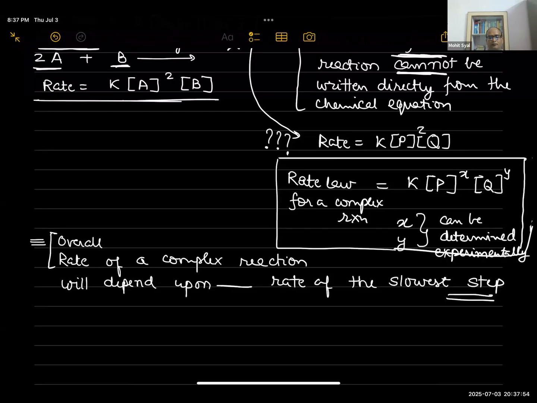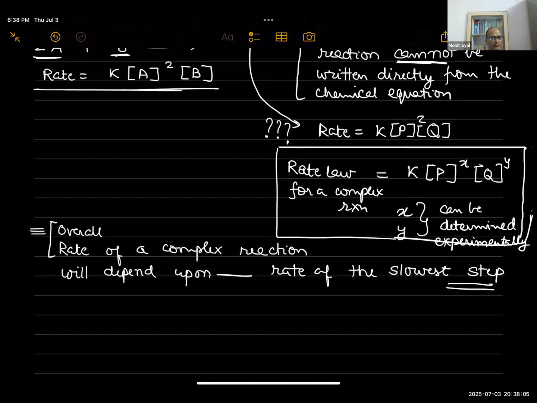Because the time of the fast reaction can be negligible, so I think this one should be considered. Exactly, because that is the longer period. So overall time will be determined by that.